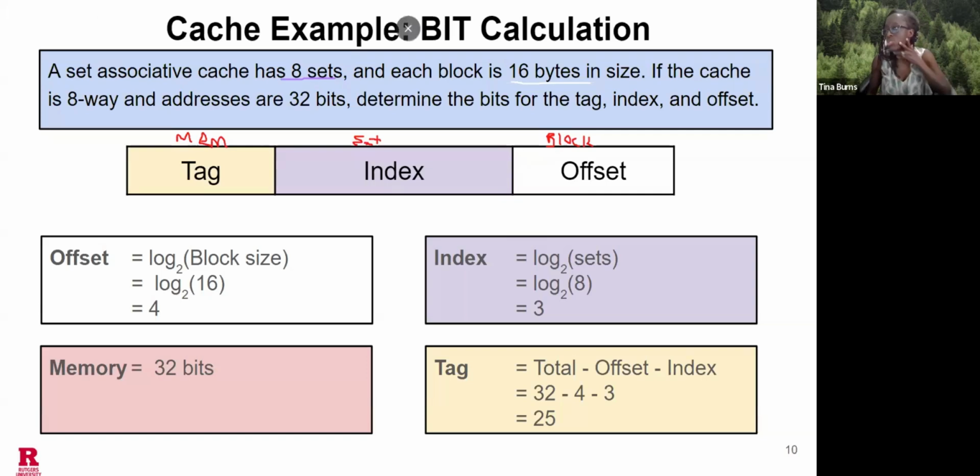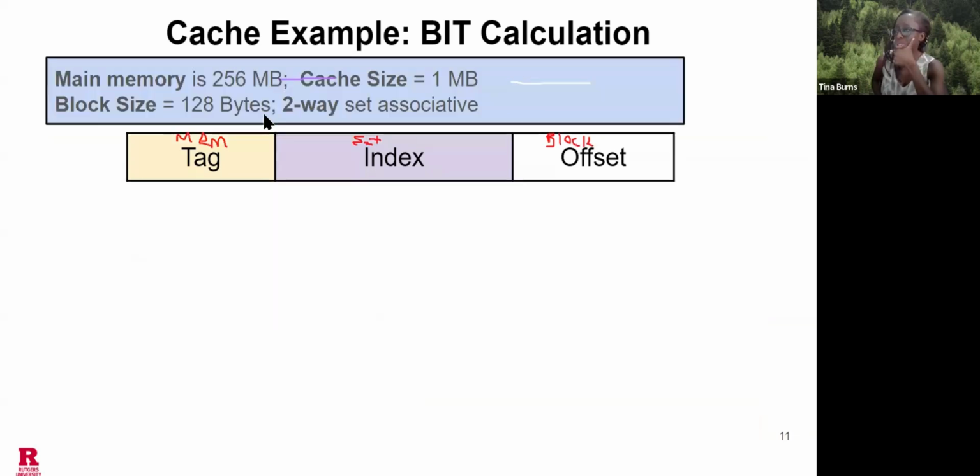Well, let's do a little bit of a different example. The one we were looking at has 8 sets, 16 bytes in size, and 32 bits. But if we wanted to change this up a bit, we can also look at a different example. So let's go ahead and continue.